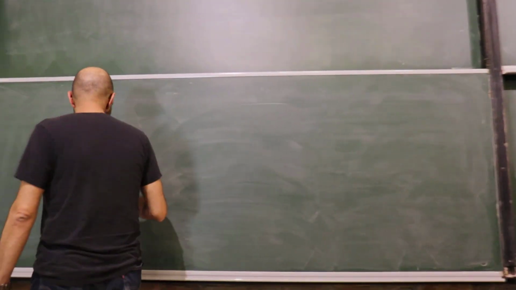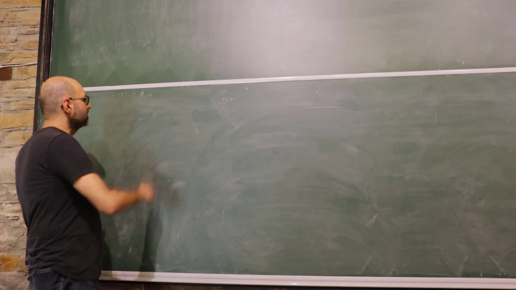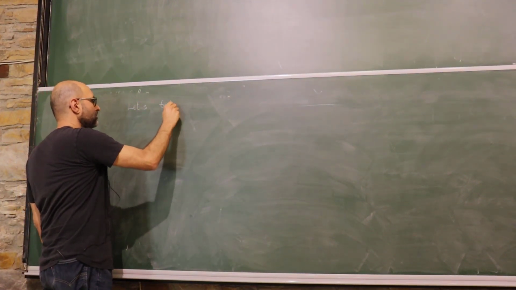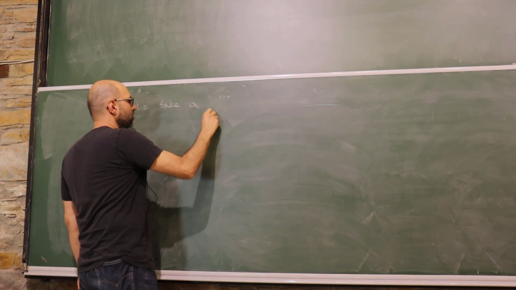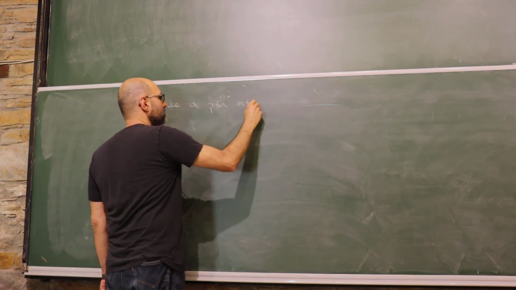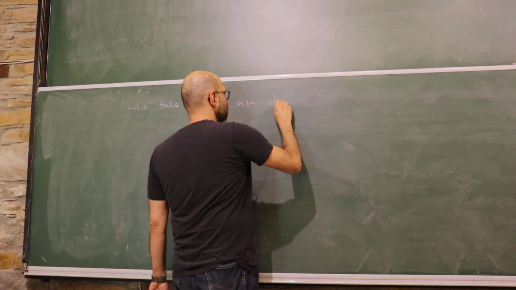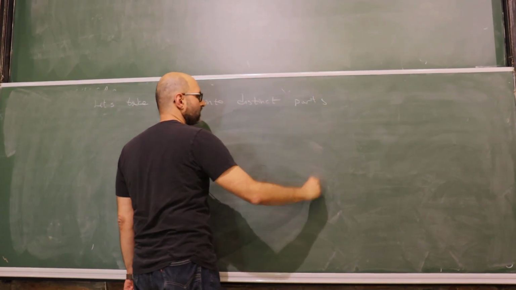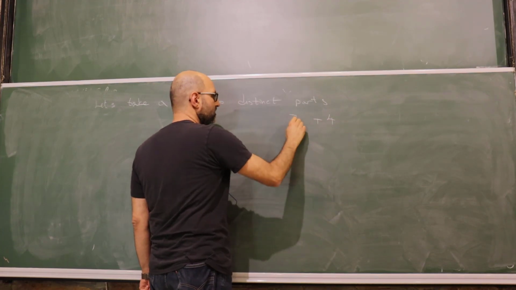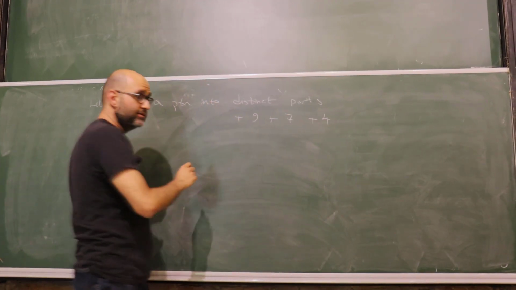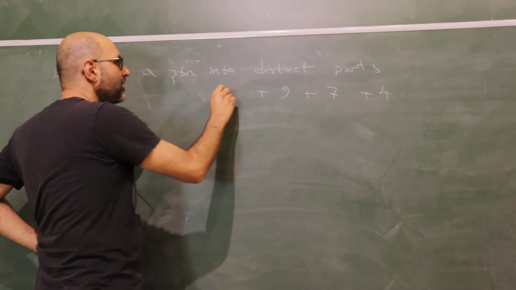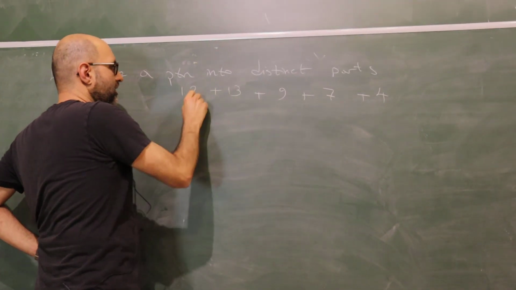Now, let's start with a partition into distinct parts. Let's take a partition into distinct parts: 4, 7, 9, and there's a reason why I'm writing them in reverse order, 13 and 18.